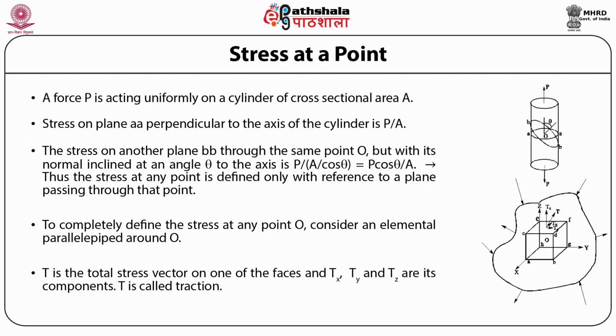The total stress vector is called a traction T. The value of T is different for different planes passing through O.